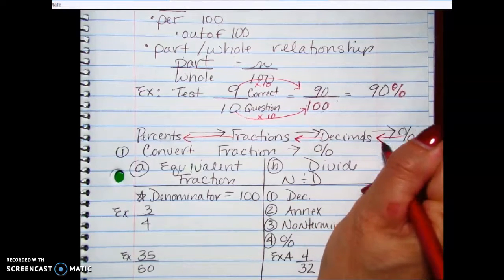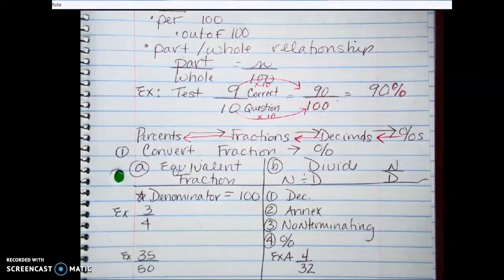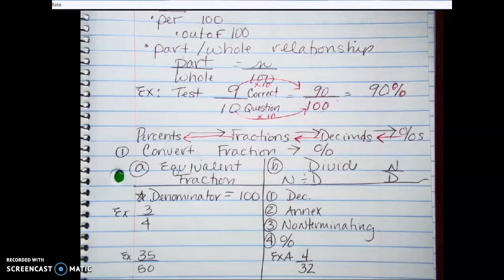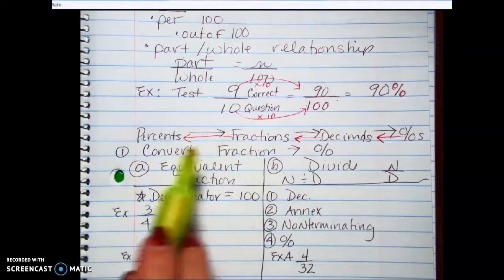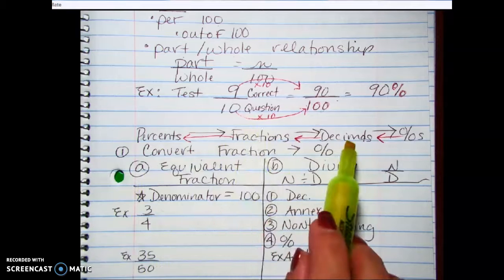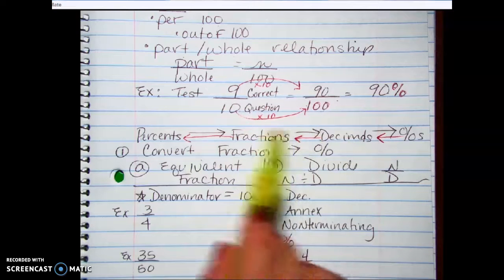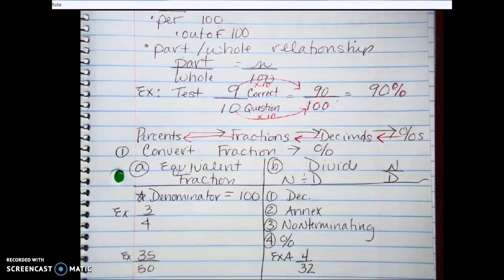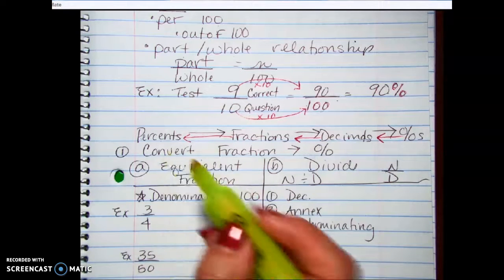Percents are decimals. And that is exactly what we're doing in this whole entire lesson today, is talking about converting these numbers, whether it's percents to fractions, fractions to percents, fractions to decimals, decimals to fractions, which we've already done actually, fractions to percent, and so on and so forth. That is our focus here.